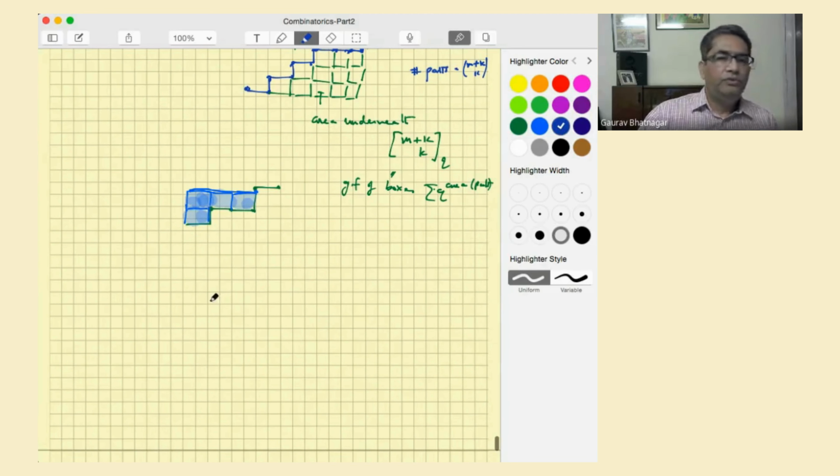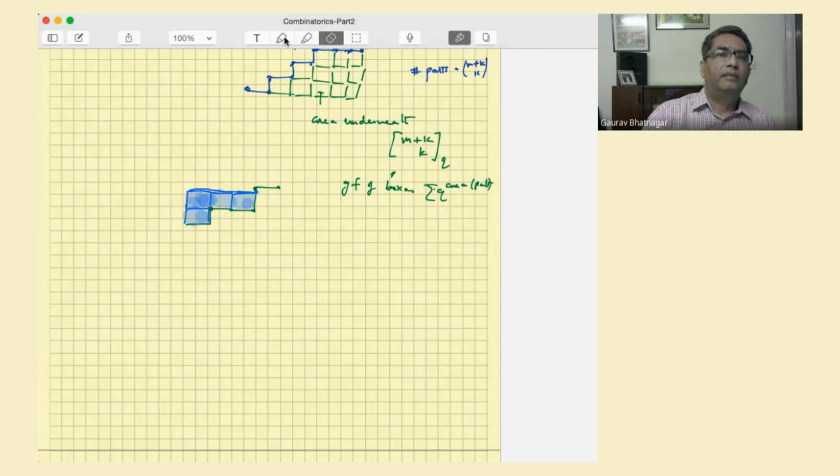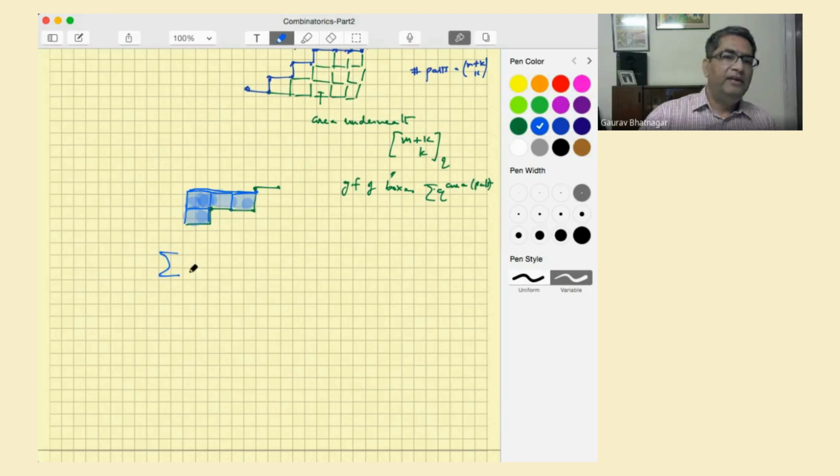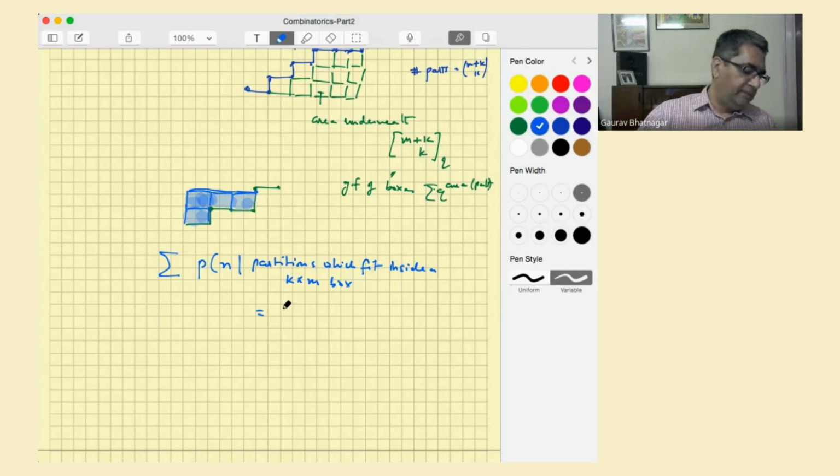So what you do is you consider the generating functions of partitions of n which fit inside a k by m box, or what is the same thing, at most k parts and each part at most m.